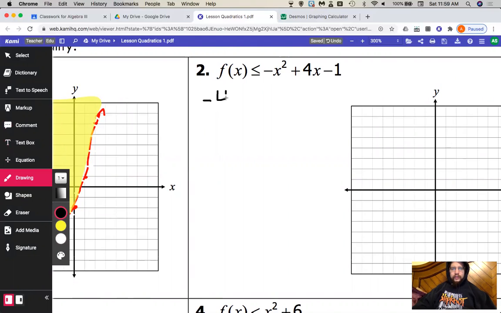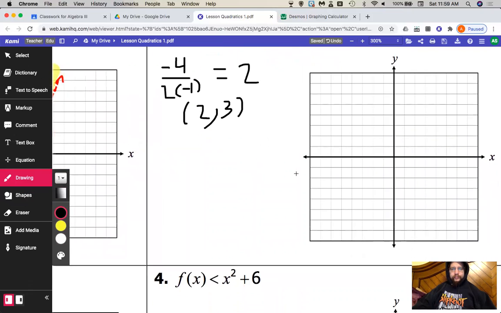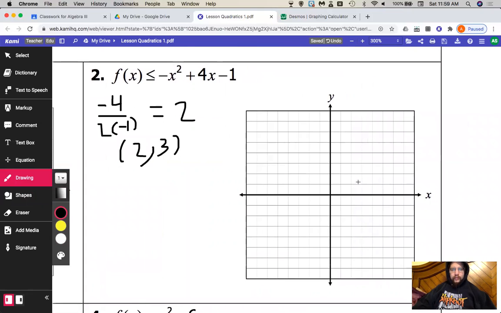Negative b over 2a. That's positive. 4 over 2 is 2. Plug it in. That's 8. That's -4. So that's 4 minus 1 is 3. Use a capital. 2, 3.